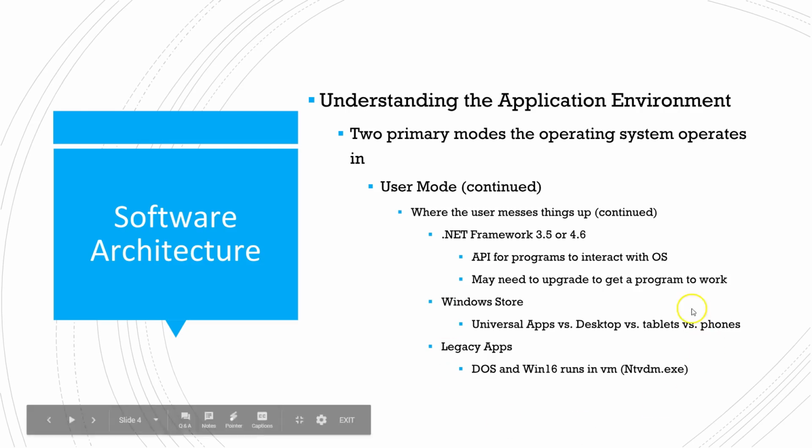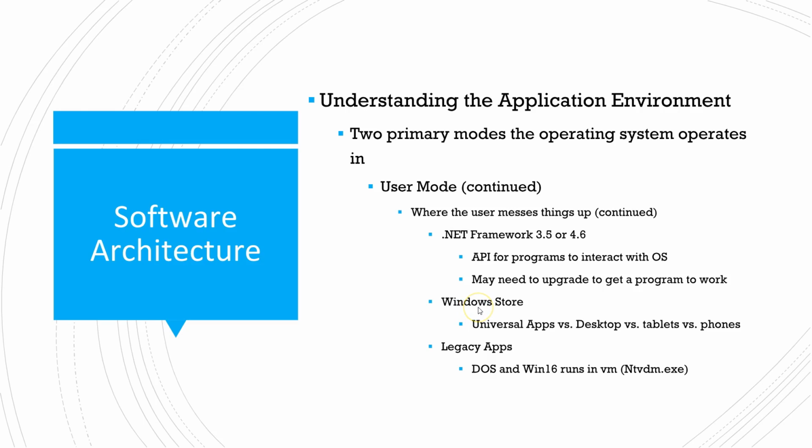So we also have some other things we talked about. The API programs interact with the OS. The Windows Store. We're going to talk about this in a little bit, about installing different software. The Windows Store is perhaps the future, where maybe the only place Windows gets its applications.